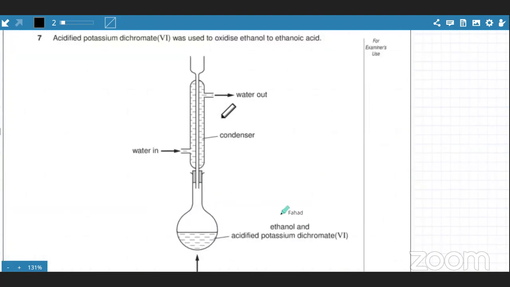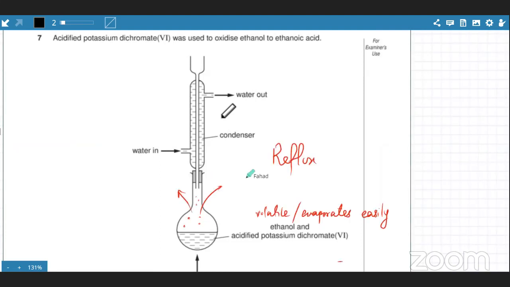If you put a condenser on top, what would the condenser do? Let's say these red particles are ethanol molecules that are trying to evaporate, trying to escape potassium dichromate(VI). They don't want to react with it. So if these particles are trying to escape, the condenser cools them down.